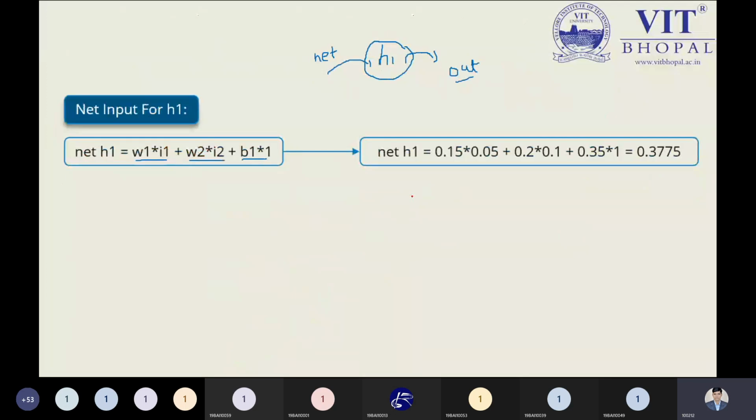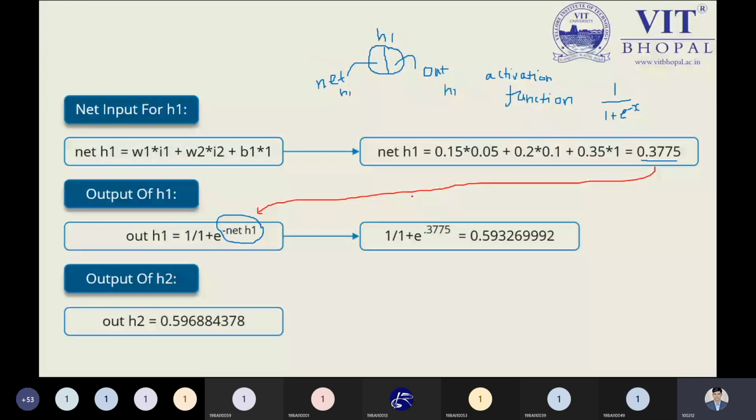Those who have not noted down the net input values, have you noted them down? Yes, sir. Okay, and note down the values of out H1 and out H2. Those who have not noted down, please note them down fast.